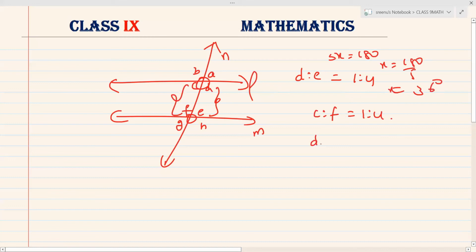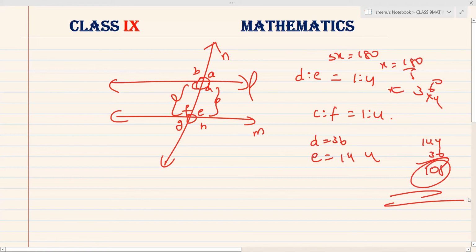X is 36 and D is 36 and E is 4 times 36, which is 144. Then find the difference between them. 144 minus 36 is 108. That is the answer.